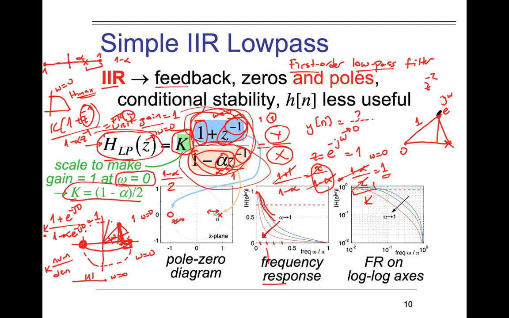So this is my point where my z is, okay? So what is this distance? How do you find it? This is cosine omega. This is sine omega. This part is sine omega, right? Yeah. This is 90 degrees. This is also 90 degrees.